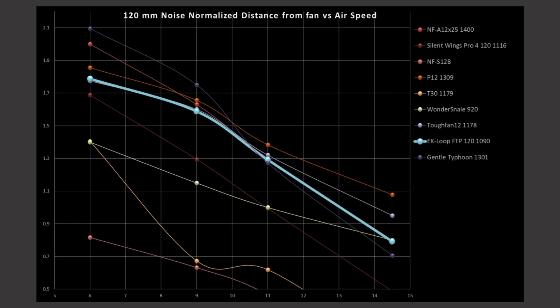All right, how does it compare against other fans? Because it's good to compare against my control, but how does it compare against everything else? Well, here's a small sampling of fans that I consider representative of good, medium fans and poor performers. So kind of the top end of what I consider a medium fan would be the Wonder Snail.